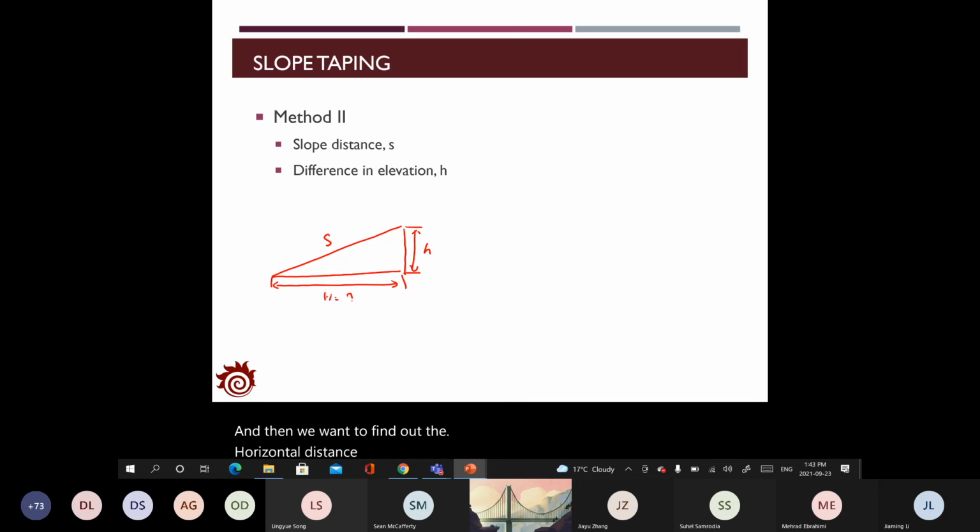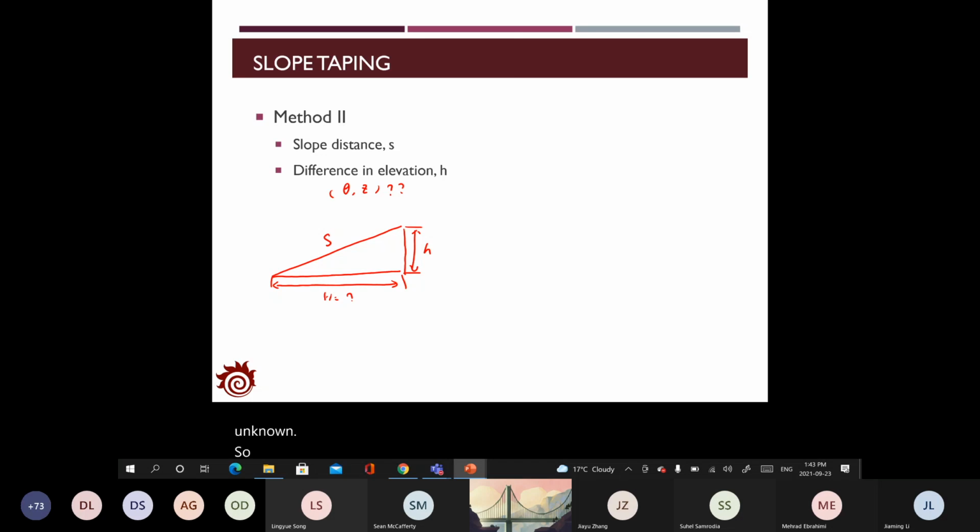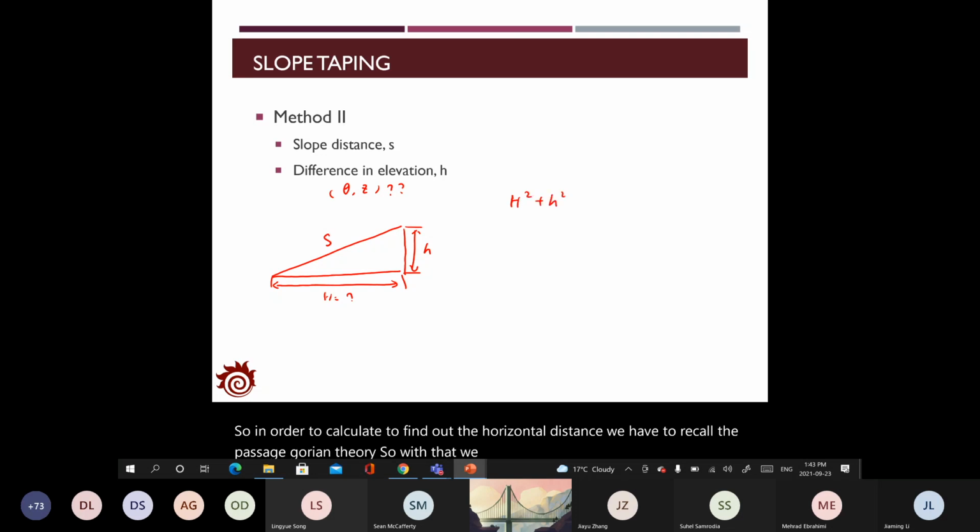At this moment, we don't know the horizontal distance or the zenith angle. Both of them are unknown. So in order to find out the horizontal distance, we have to recall the Pythagorean theorem. So with that, we have h squared plus capital H squared, which is the vertical distance, equal to s squared.